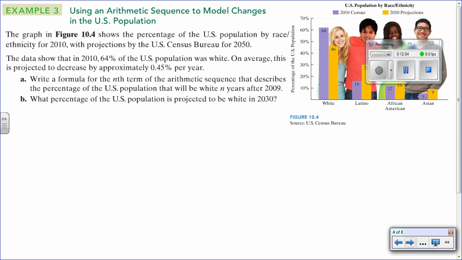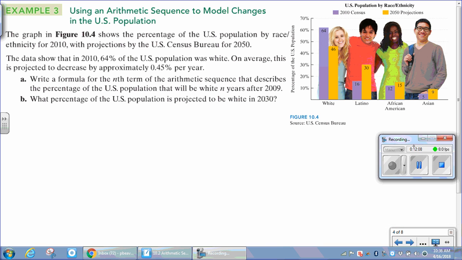Okay, so next problem. May I have a volunteer to read it, please? Andrew, thank you. The graph in figure 10.4 shows the percentage of the U.S. population by race/ethnicity for 2010 with projections by the U.S. Census Bureau for 2050.